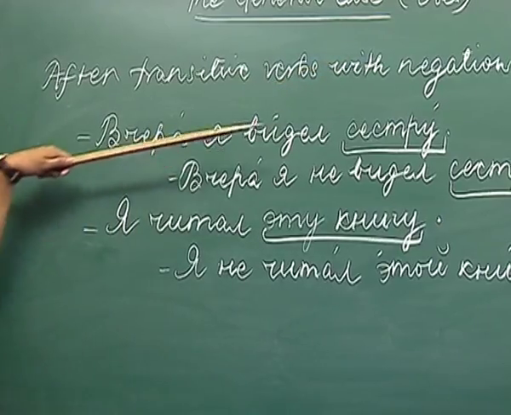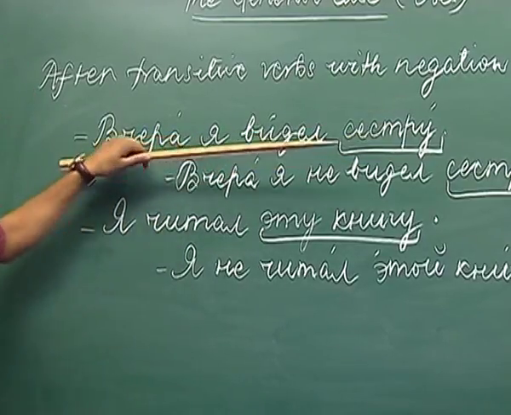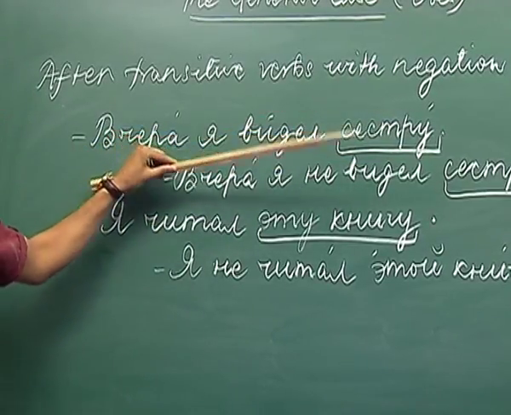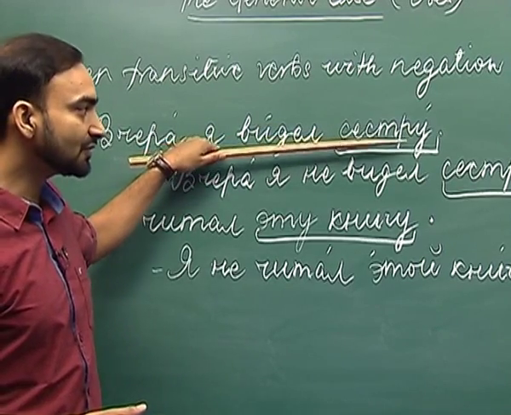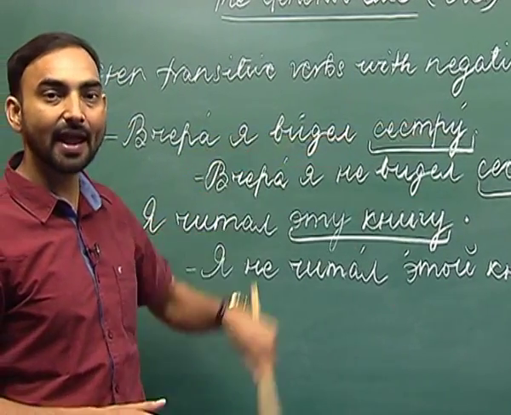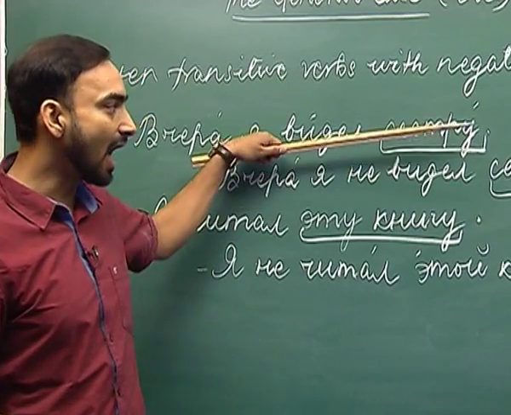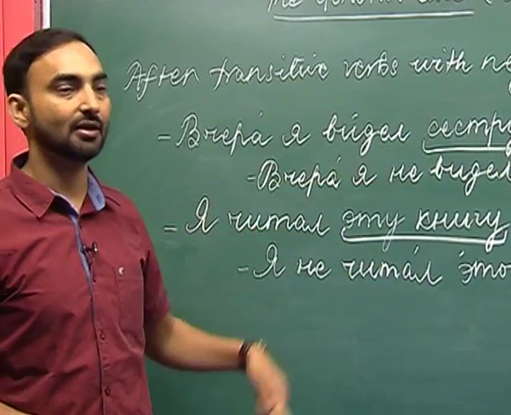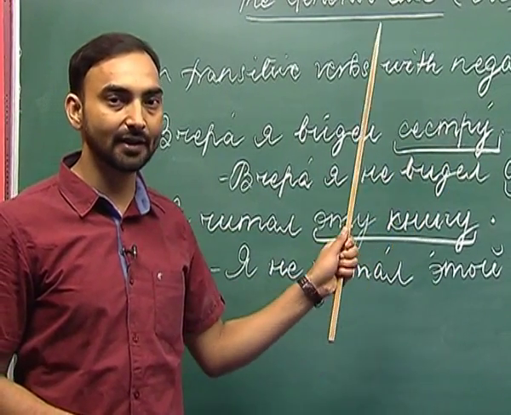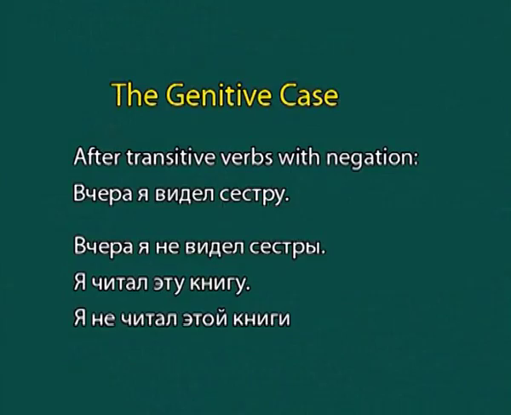Here there is no negation, so this is an affirmative sentence. We have used сестра in the accusative case, that is why а has become у. This is how we change a feminine gender noun in the accusative case, if you remember.